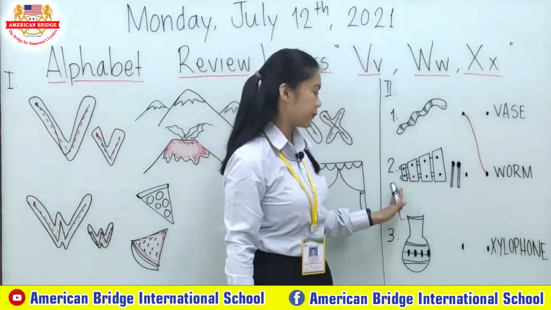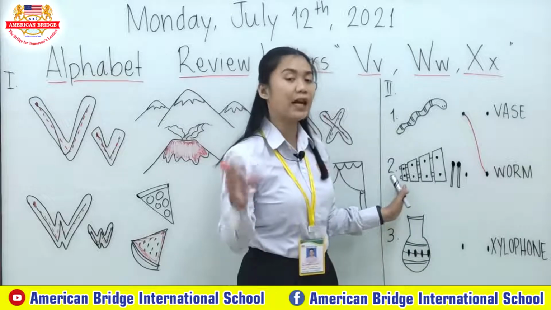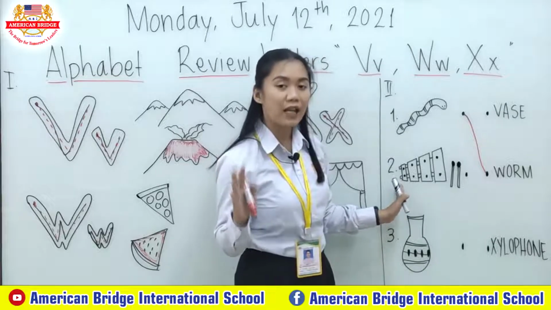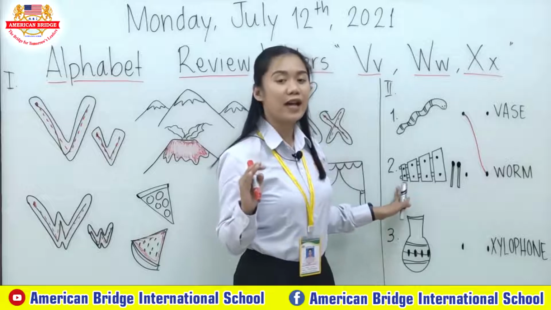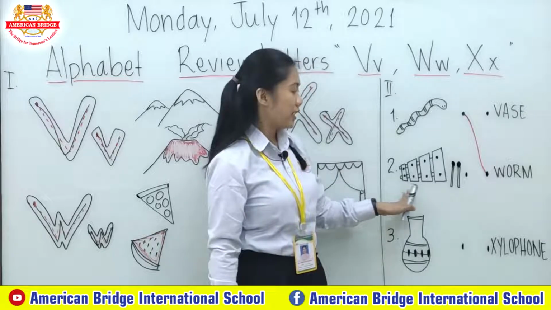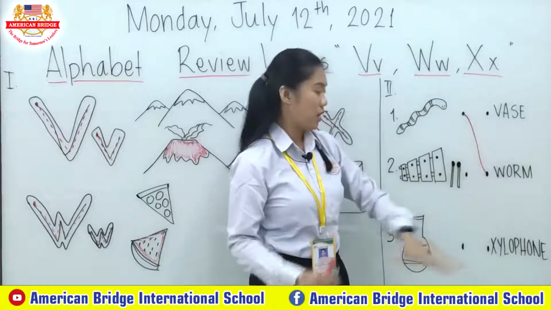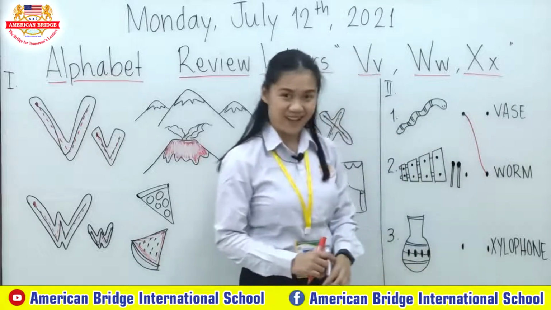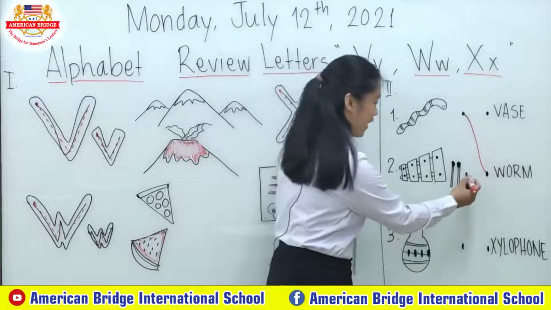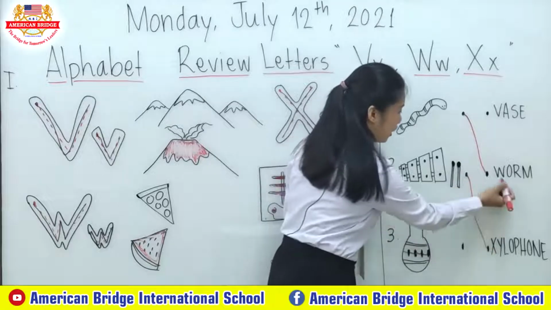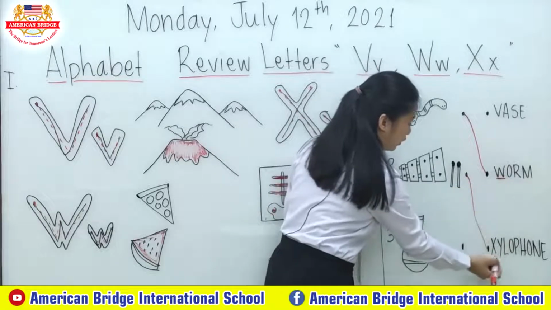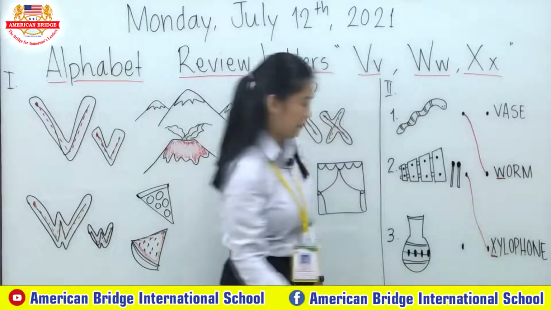Next is xylophone. And like what I've said, xylophone begins with letter X. Correct. Let's find the X. Is this letter X? No. How about this? Yes, we know already, right? Yeah, just look at the first letter of the word. Yeah.